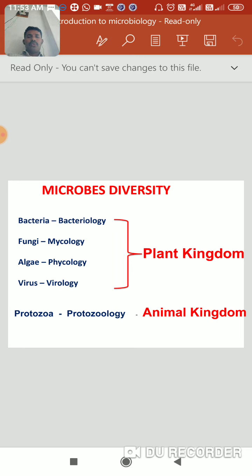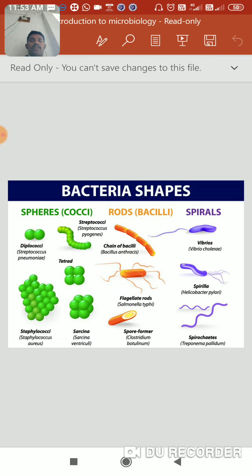These four groups belong to the plant kingdom. Another group of microbes is protozoa. The study of protozoa is called protozoology. This one group belongs only to the animal kingdom.